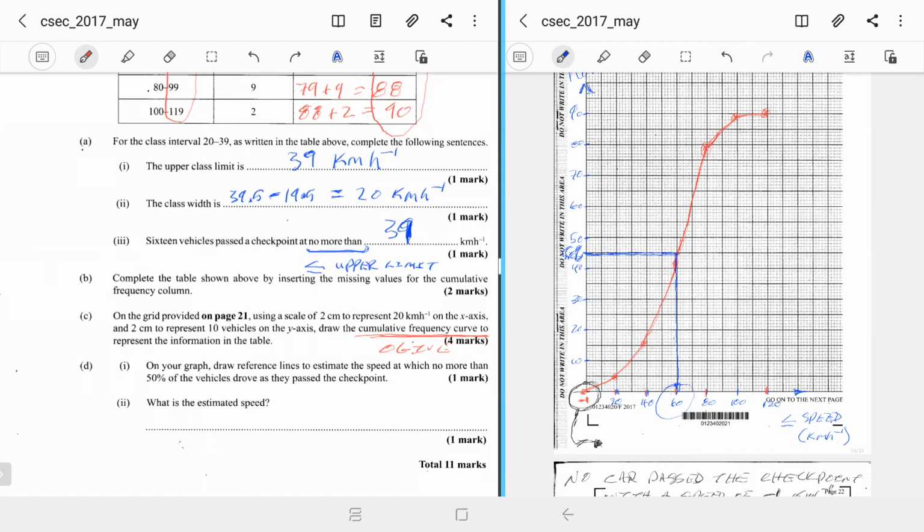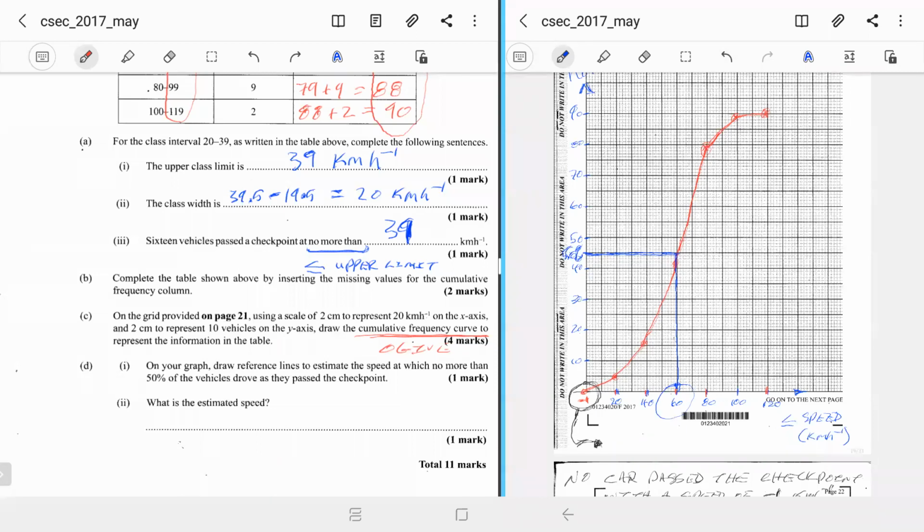60 or less. On your graph, estimate the speed at which no more than 50%, meaning 45 cars. Estimate the speed at which no more than 45 of the vehicles drove as they pass the checkpoint.